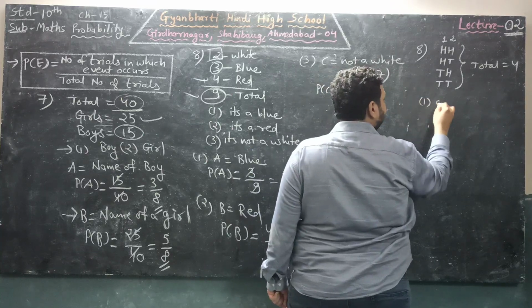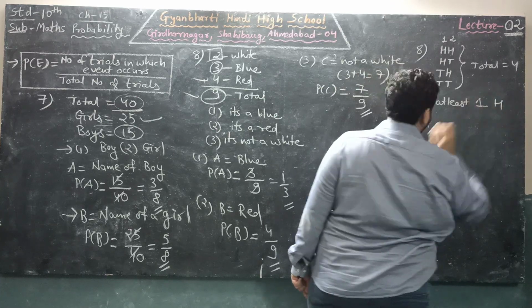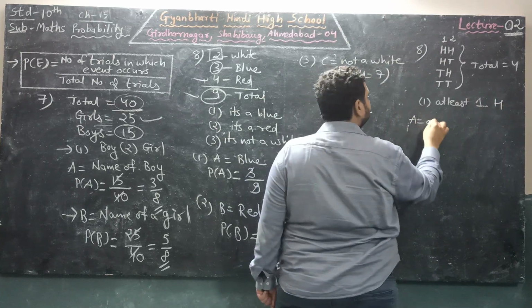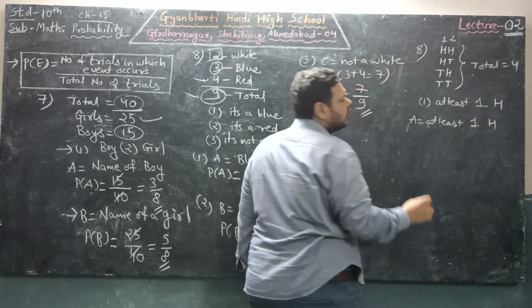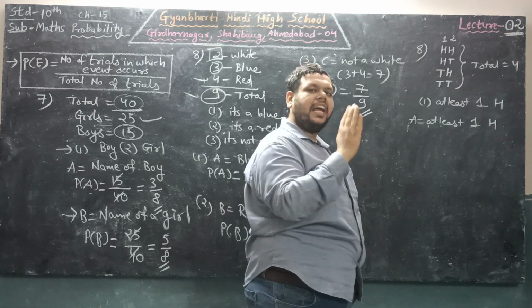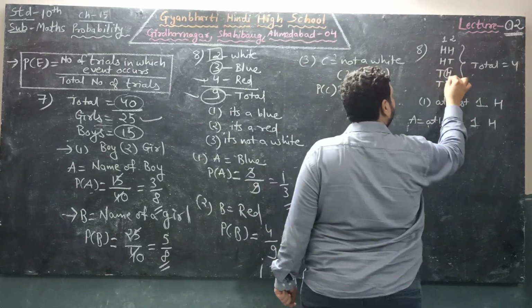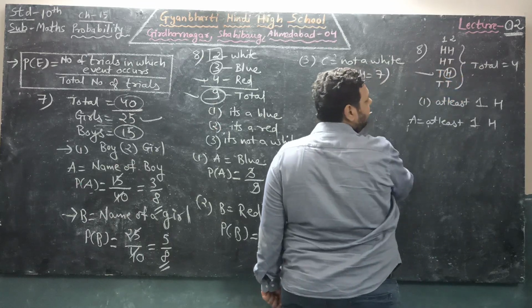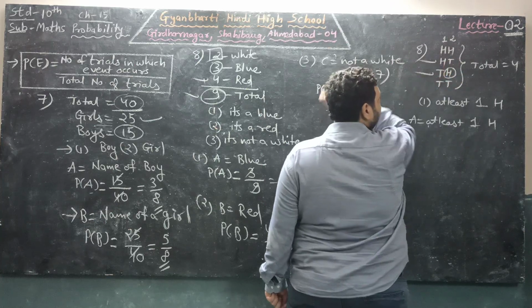She must get at least one head. So at least, that is minimum, she must have one head, not less than it, but more than it is allowed. So here she has one head and one tail. This is our first selection. Second is one head and one tail. Second selection.